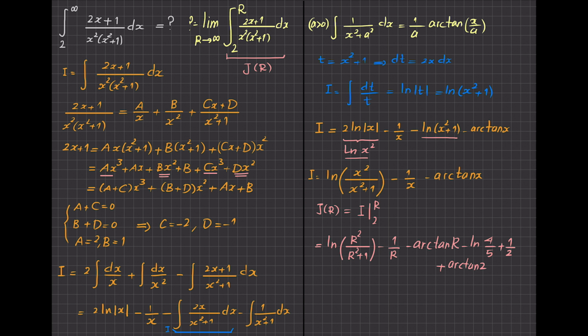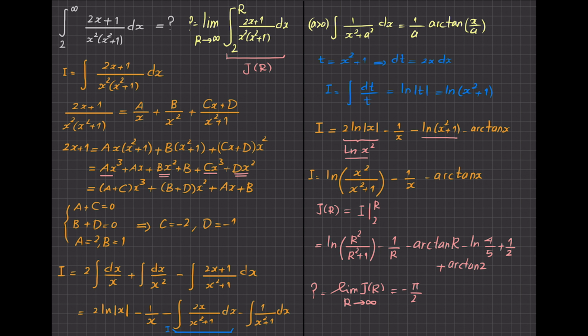Yes? Now the answer is equal to the limit of J of r when r goes to infinity. So what happens? If r goes to infinity, the limit of this part is simply 1, but ln of 1 is 0, so this vanishes. 1 over r goes to 0, that also vanishes. But arctangent of r, when r goes to infinity, the limit is pi over 2, but I have a minus sign here, so the limit becomes minus pi over 2.